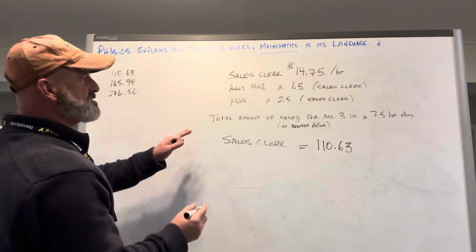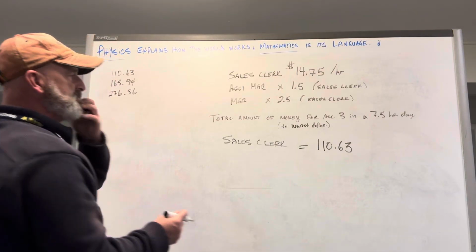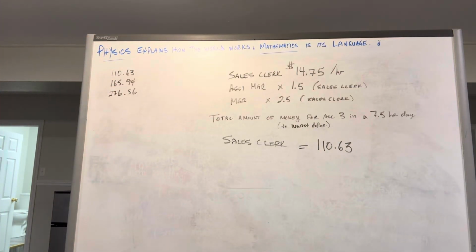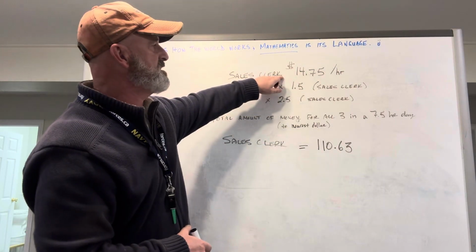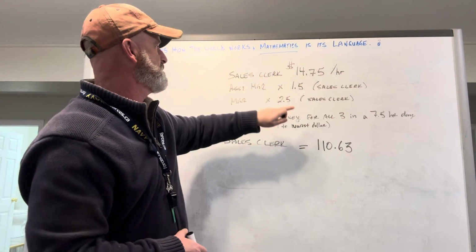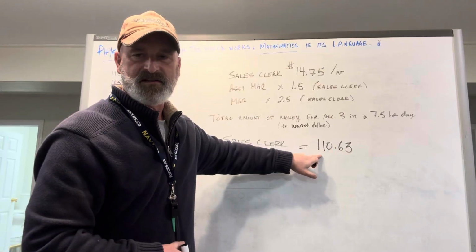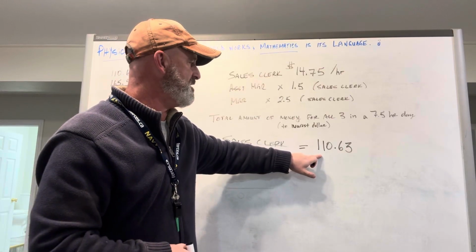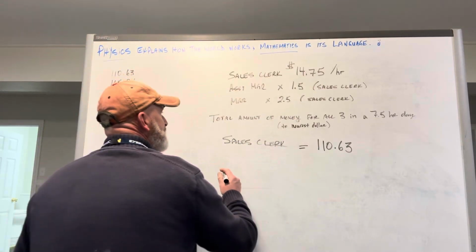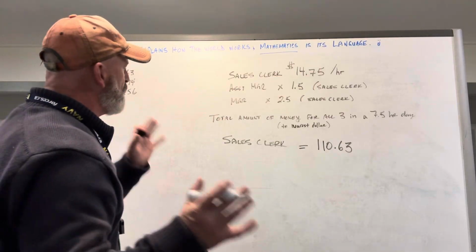Okay, then I need the assistant manager. Wait a minute. If he makes this in a day, doesn't the assistant manager make this times 1.5 in a day? Of course, it's all how you think about it.